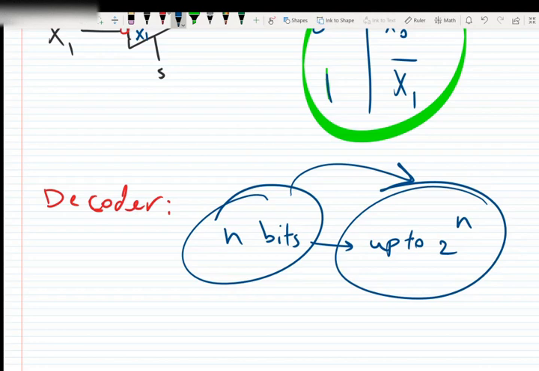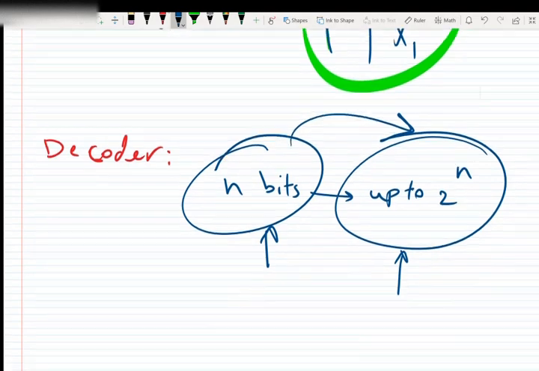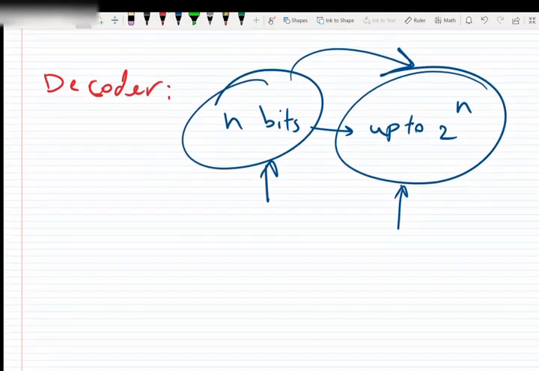So a decoder is a combinational circuit that converts binary information from n input lines to a maximum of 2 to the power of n unique outputs. By the way, the outputs of a decoder can be less than 2 to the power of n, which we will discuss later.